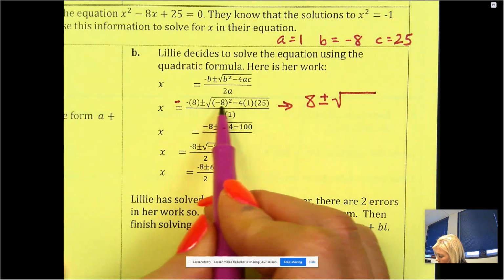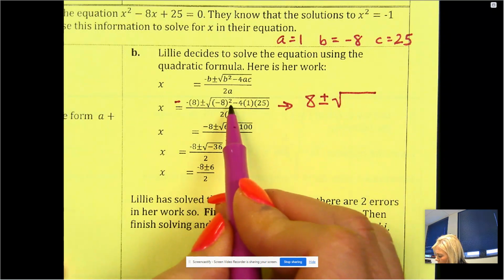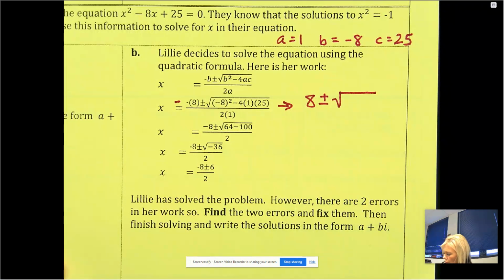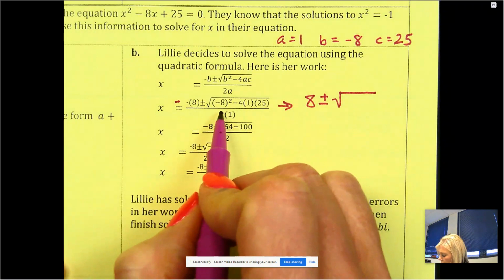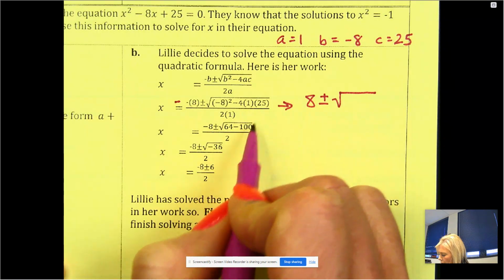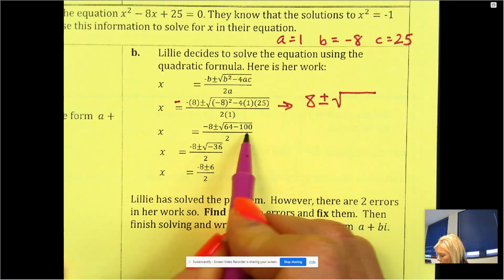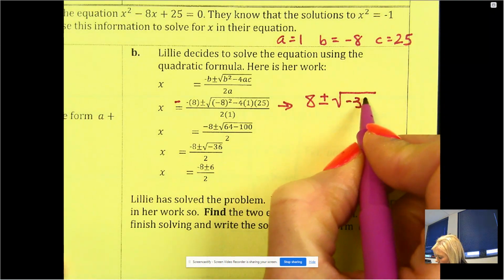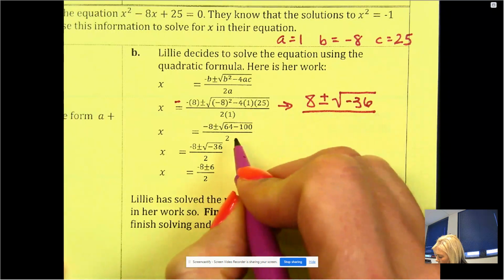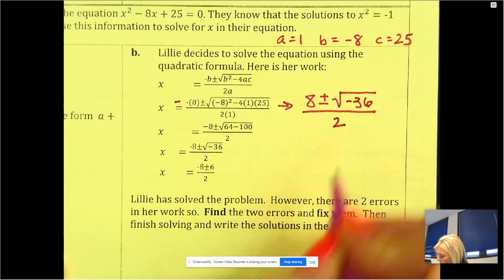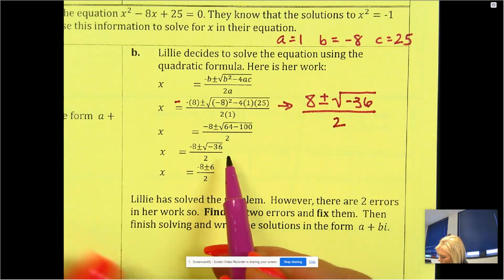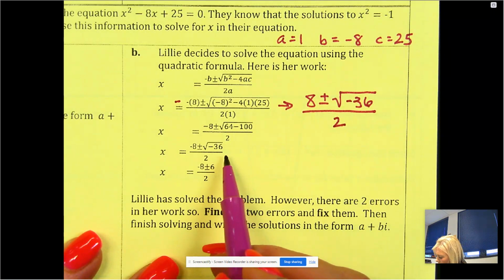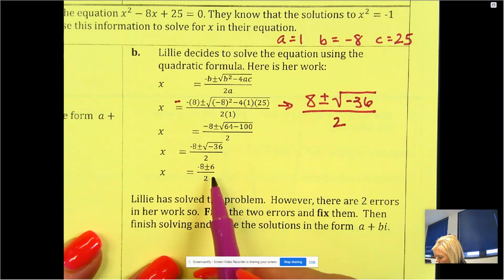And then I'm just going to kind of finish this part here. So negative 8 squared is 64, minus 100 is correct, and then that's negative 36. And then she has it over 2. Okay, so the next place where she made a mistake is going from here to here.